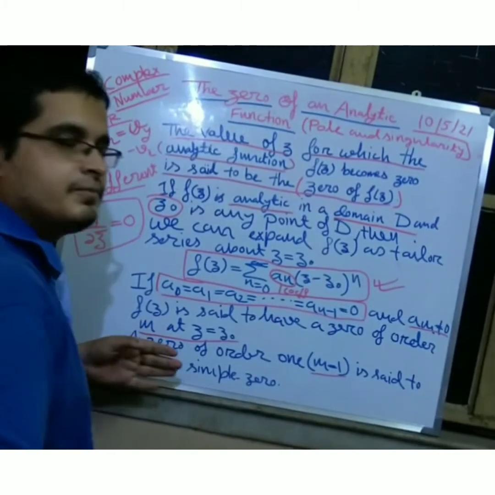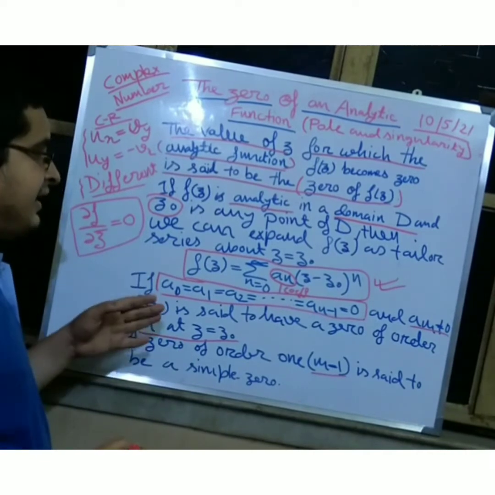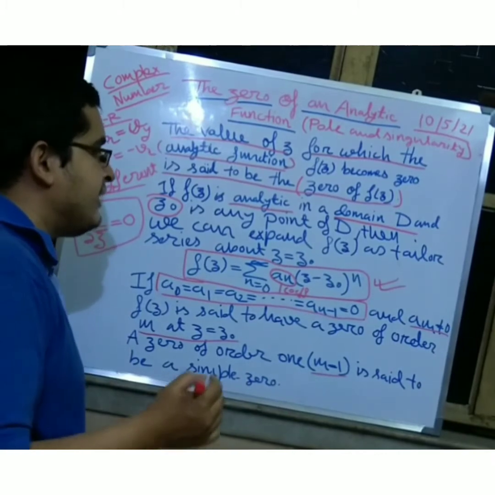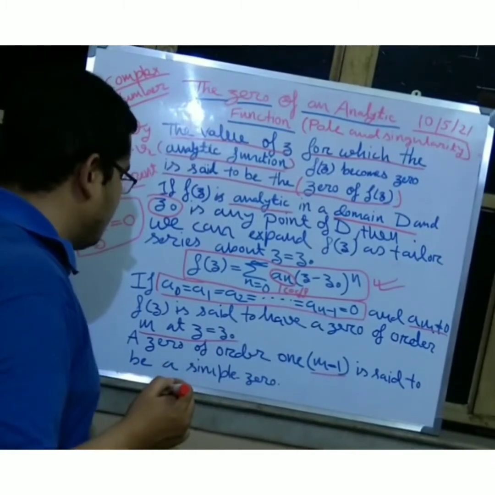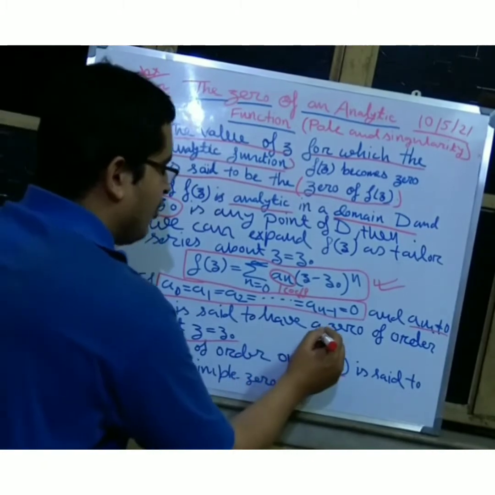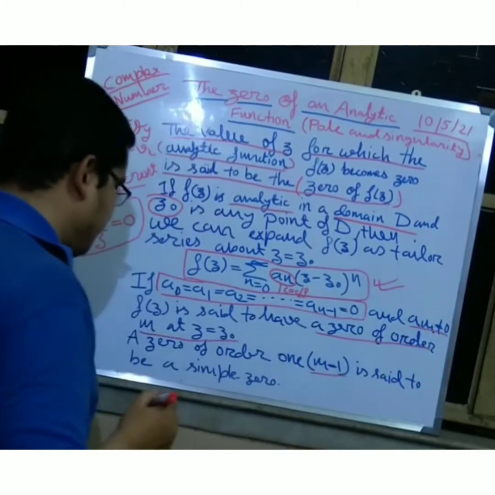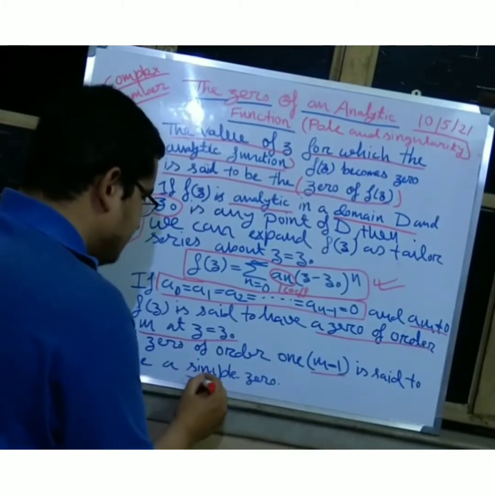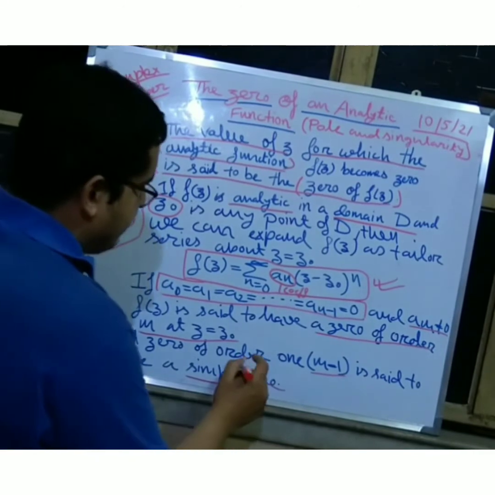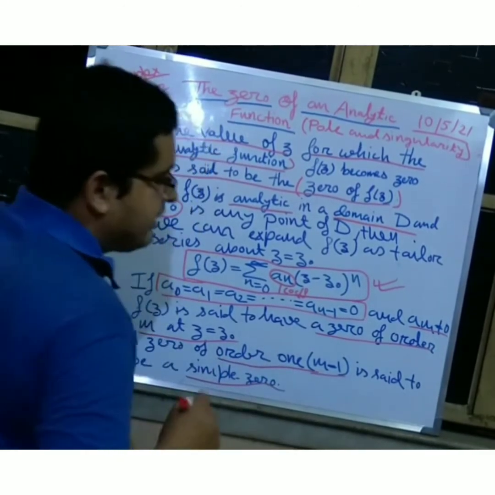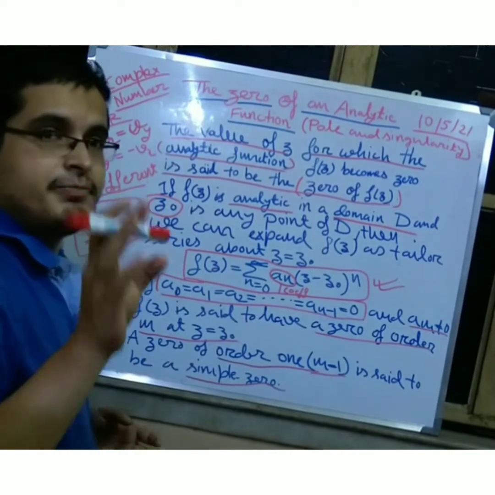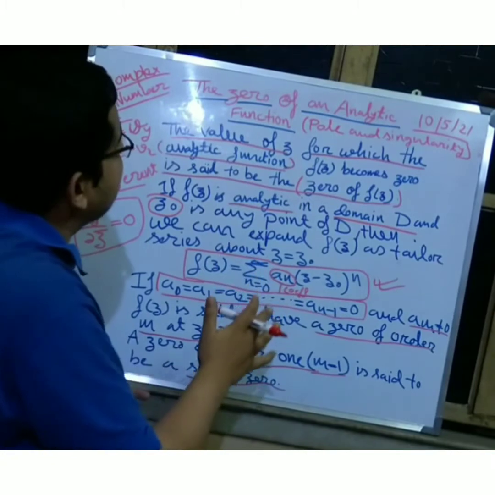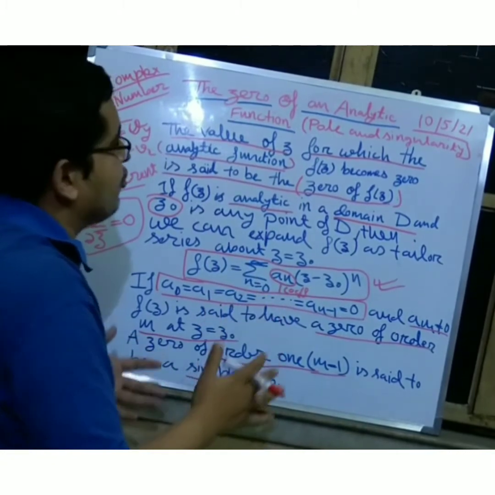Remember that when a0, a1, a2, up to a_(n minus 1) equal 0 and a_n does not equal 0, we get a zero of order n. A zero of order 1, n equals 1, is called a simple zero. This is my total definition of zeros.